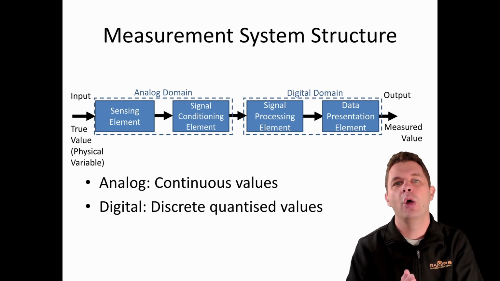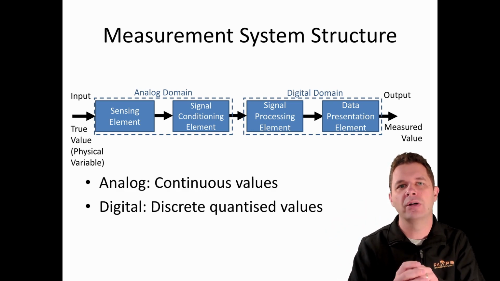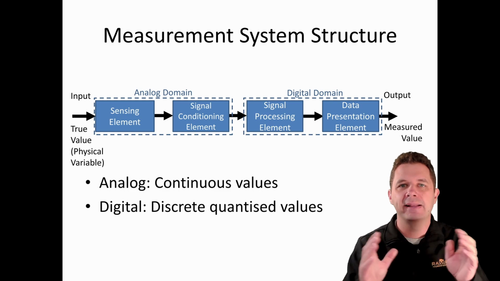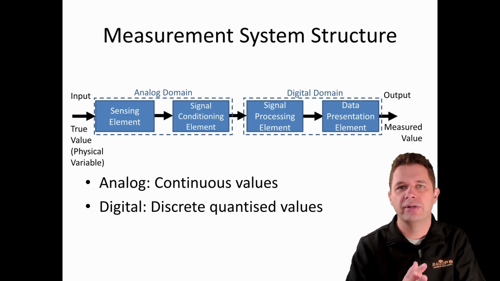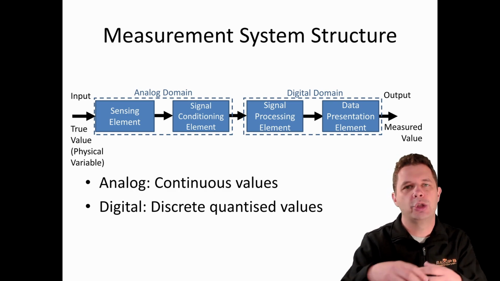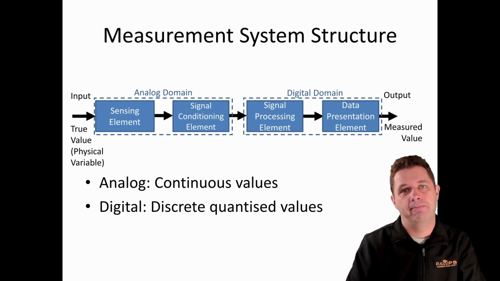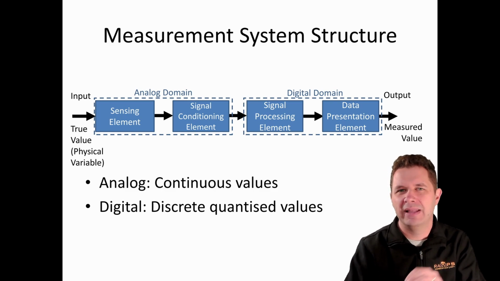Now, I should say that we have a bit of a divide here, an analog and digital divide. Our analog divide is basically where we're in the analog domain. We're dealing with continuous values of temperature or pressure or voltage or whatever it may be. Continuous values. In our digital domain, we've quantized them. So we put them in little buckets.